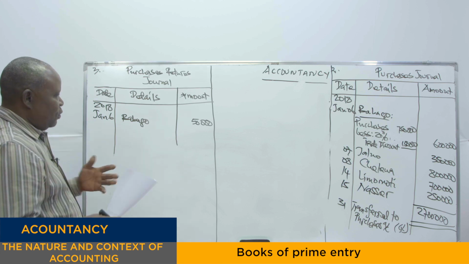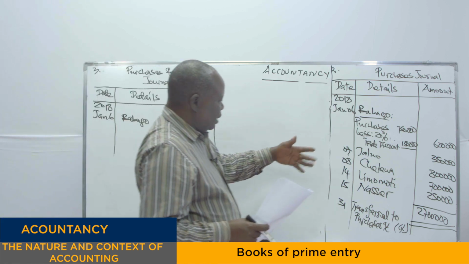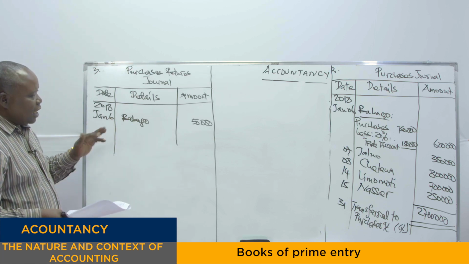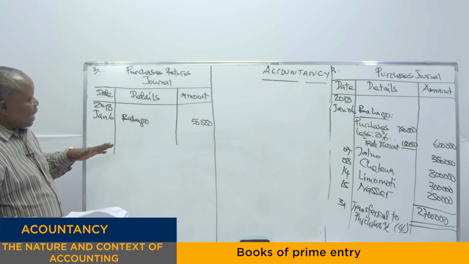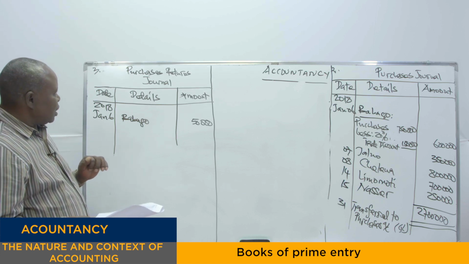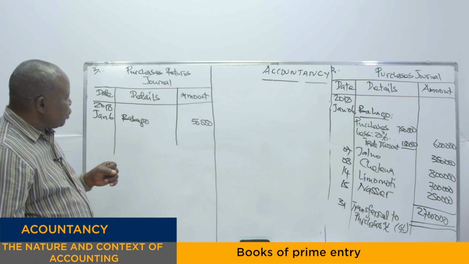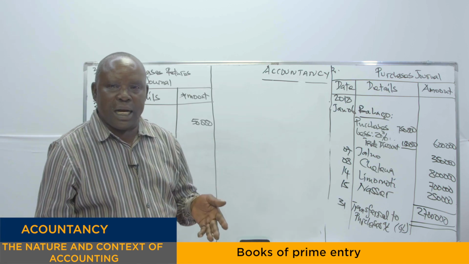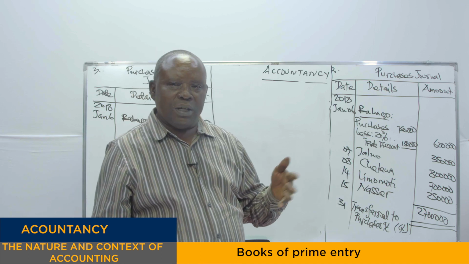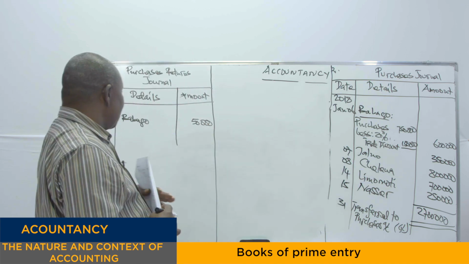So we don't have another return. And this amount now will be transferred into the general ledger, into the purchases returns account. Another name for purchases return is return outwards. So you can either write return outwards or you can write purchases return.